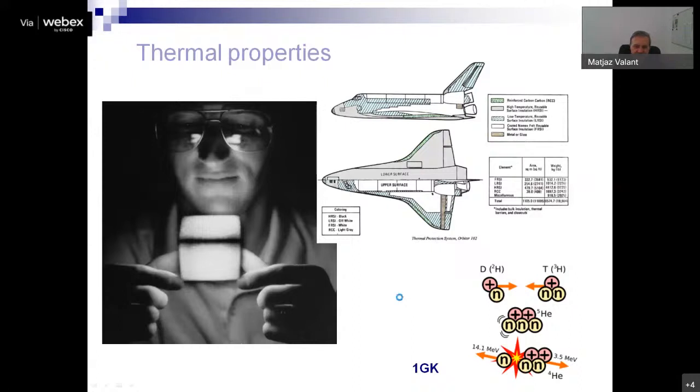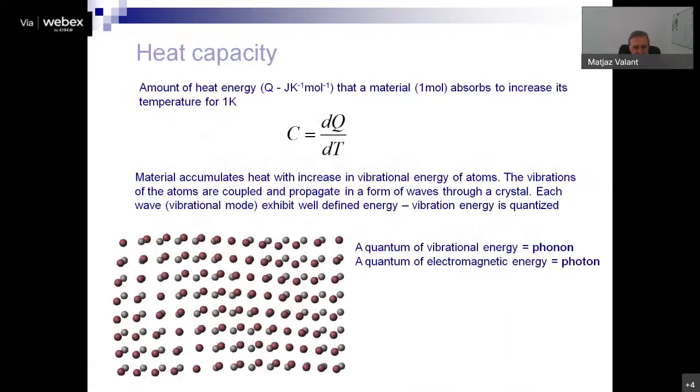Okay, let's now go into the specific properties that define the thermal behavior of materials. So we start with heat capacity. Heat capacity is the amount of heat energy that 1 mole of a material can absorb to increase its temperature by 1 Kelvin.